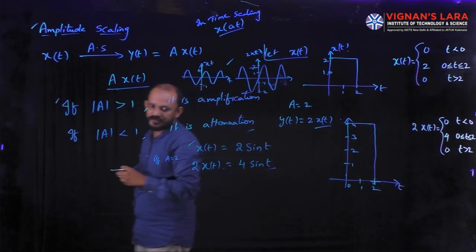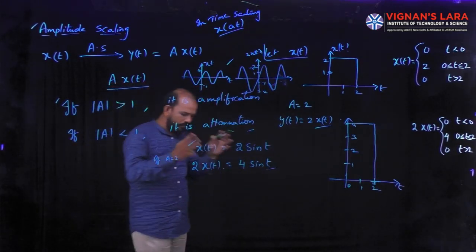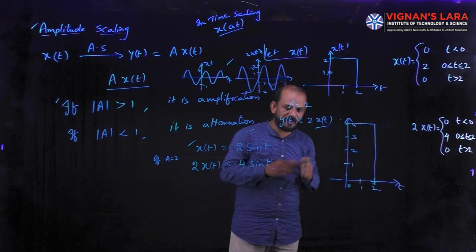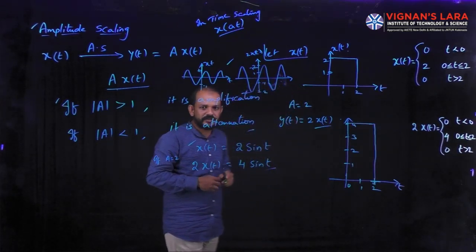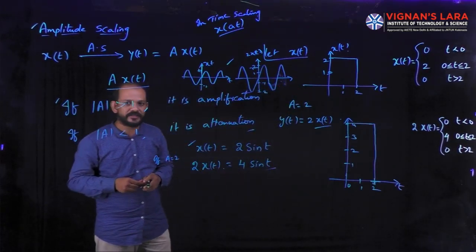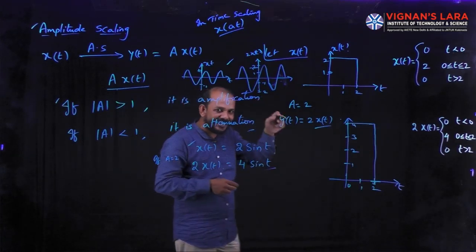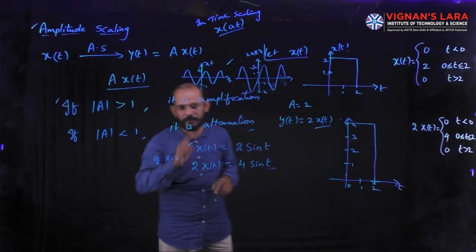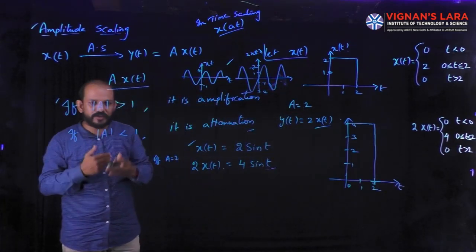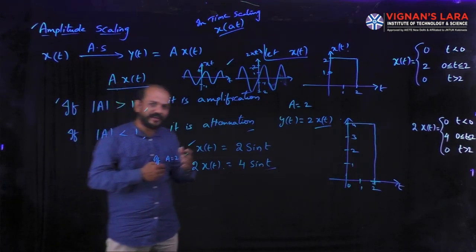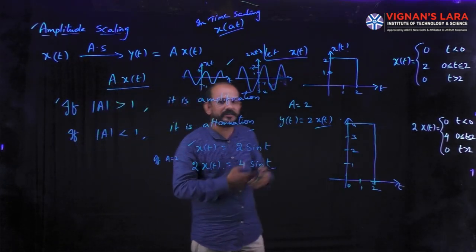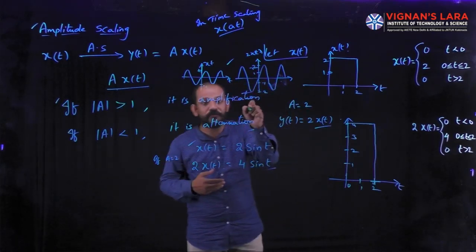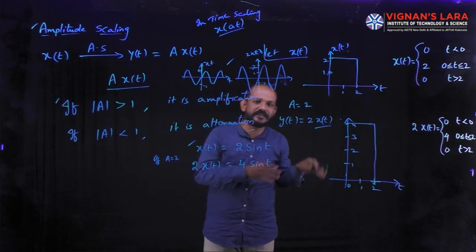The output y of t amplitude is A times, that is the constant, A times the amplitude of the signal at that instant. So remember, the y of t output is A times the amplitude of the signal x of t at that instant.